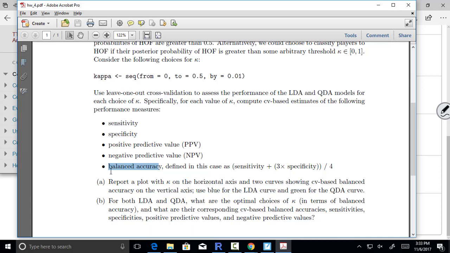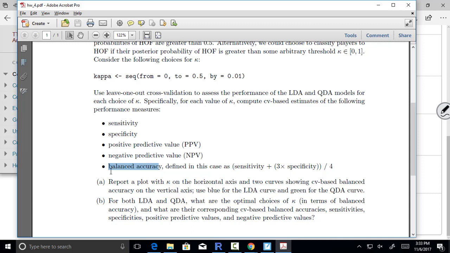If you never predict Hall of Fame, you have perfect specificity, but you have perfectly horrible sensitivity. Balanced accuracy would highlight that. It would point that out. Because if you had 100% specificity but 0% sensitivity, your balanced accuracy would only be 50%, which is not good.